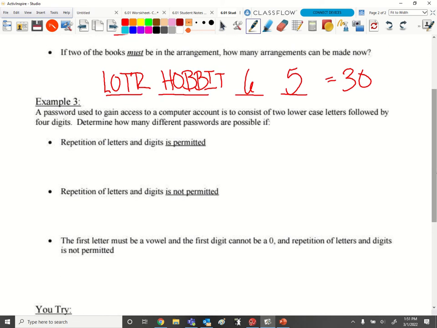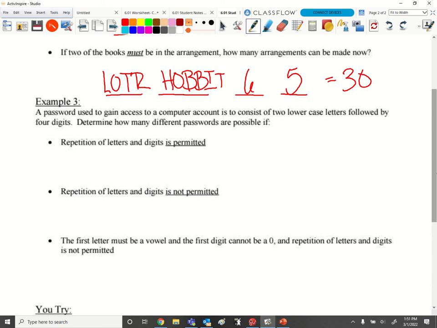Example 3. A password used to gain access to a computer account is to consist of 2 lowercase letters followed by 4 digits. Determine how many different passwords are possible if repetition of letters and digits is permitted. When we're talking about passwords, there's something called case sensitive, because you have to have some uppercase and some lowercase.